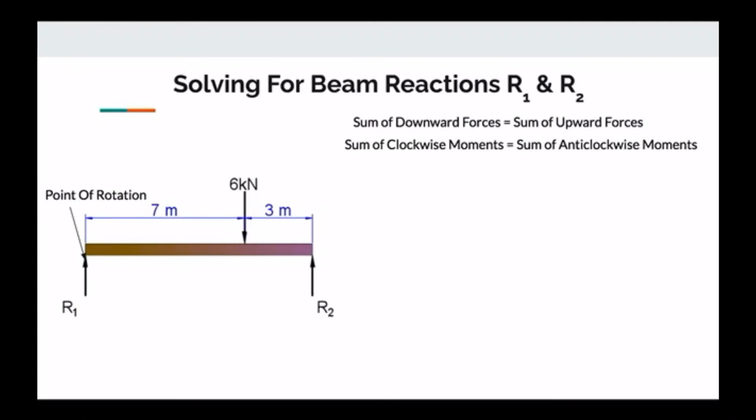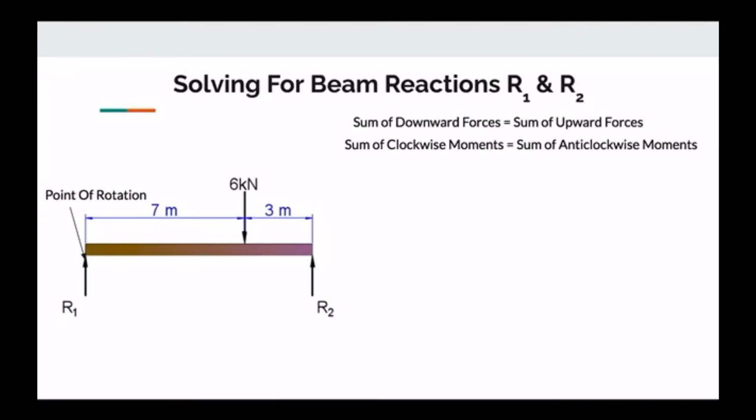So once we know this, we can apply this rule in a formula. There's only one clockwise moment and only one anti-clockwise moment. R1 will not be considered, because whether it is clockwise or anti-clockwise, it is 0, because there's no rotation there. So you would neither classify it as a clockwise nor an anti-clockwise moment.